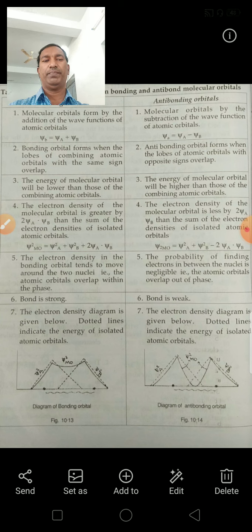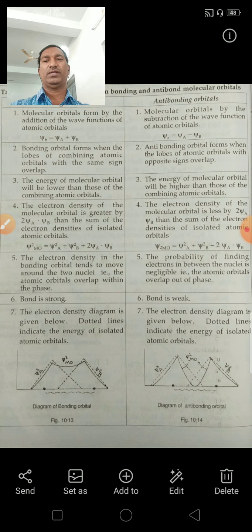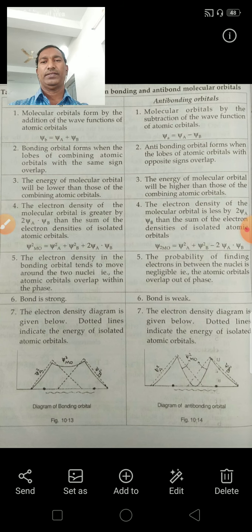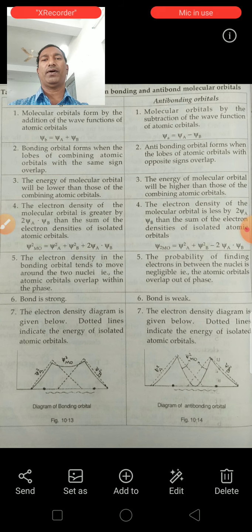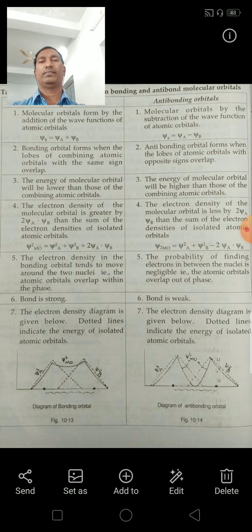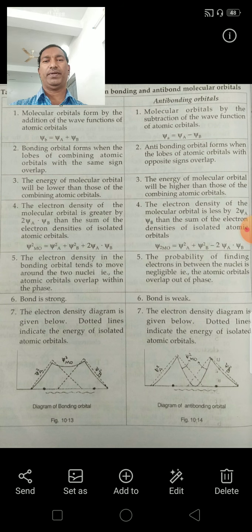So the bonding molecular orbital, psi B, is equal to psi A plus psi B, where psi capital A and psi capital B are the wave functions of atomic orbitals.